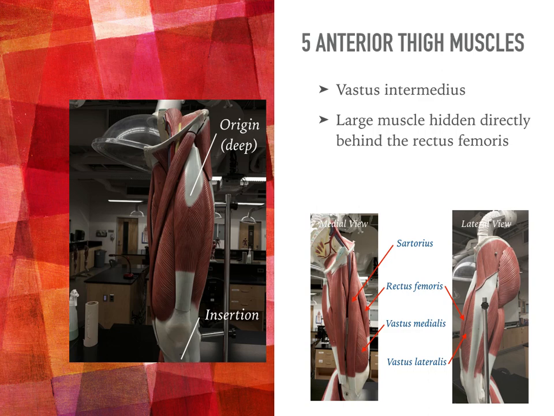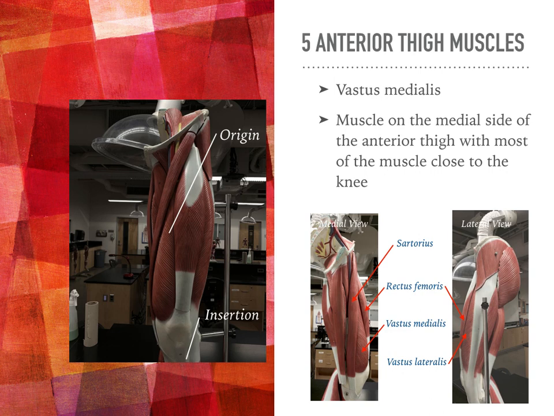The other 3 muscles that are obvious are the vastus medialis muscle. And if you're looking at the thigh, you want to make sure that you can identify the lateral from the medial side of the thigh. The vastus medialis muscle is typically sort of teardrop shaped and right there on the medial side of the knee.